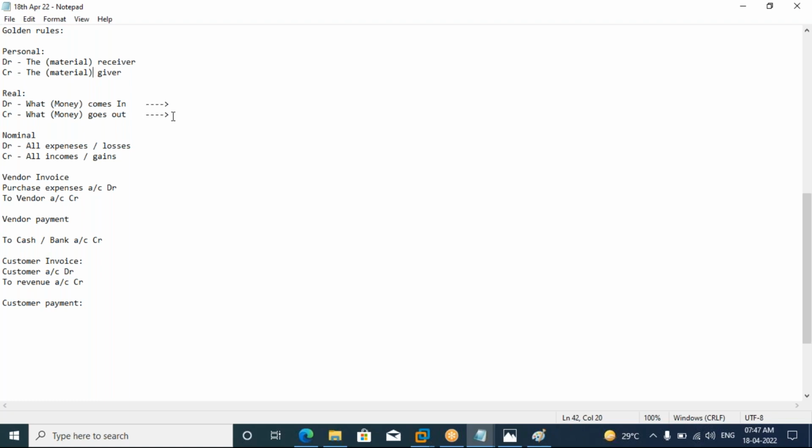What goes out means money is going out, and at that time it is credit. So if it is a vendor payment, money is going out. If it is a customer payment, money is coming in. So cash or bank account debit. Here from the cash it is credit, vendor account debit. And here you are receiving cash or bank, and customer account credit.